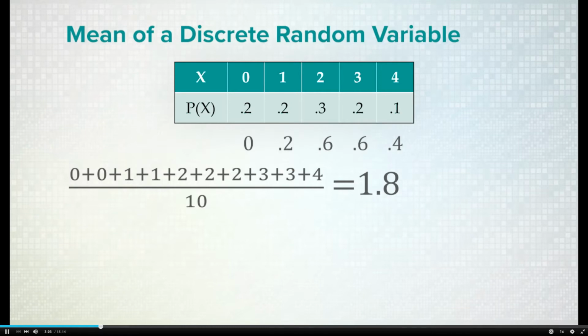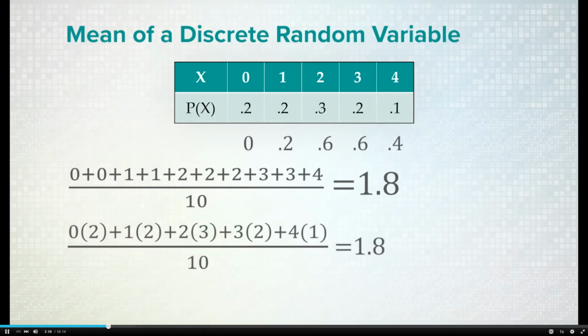Now, I know I don't need to explain this further to you, but what I'll do is rearrange a few things so that we might see it in a different light. So instead of writing 0 plus 0 plus 1 plus 1 and so on, I'll just group the numbers together. So what I have here is 2 zeros.